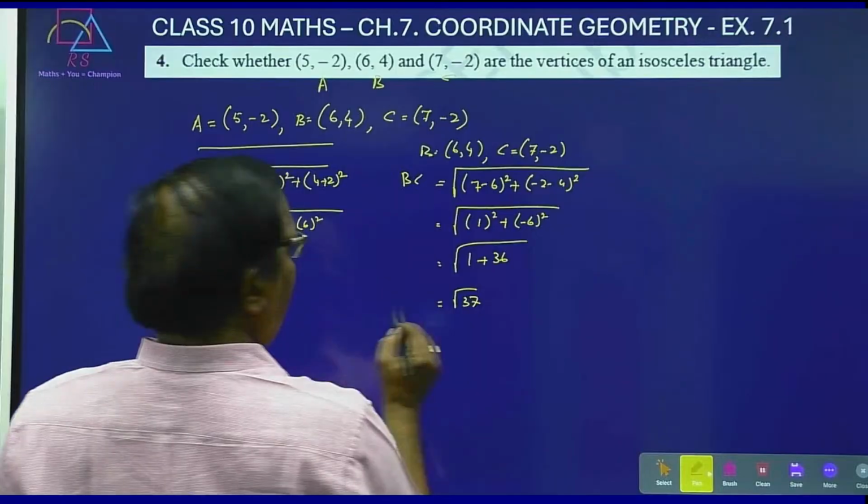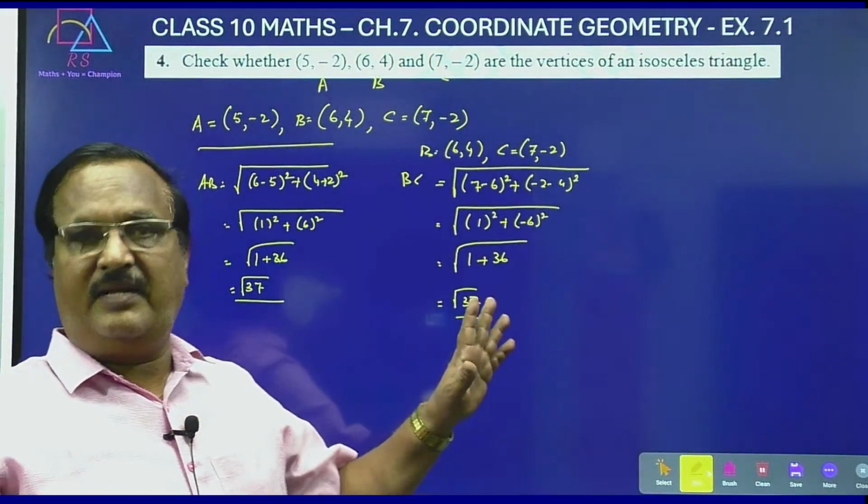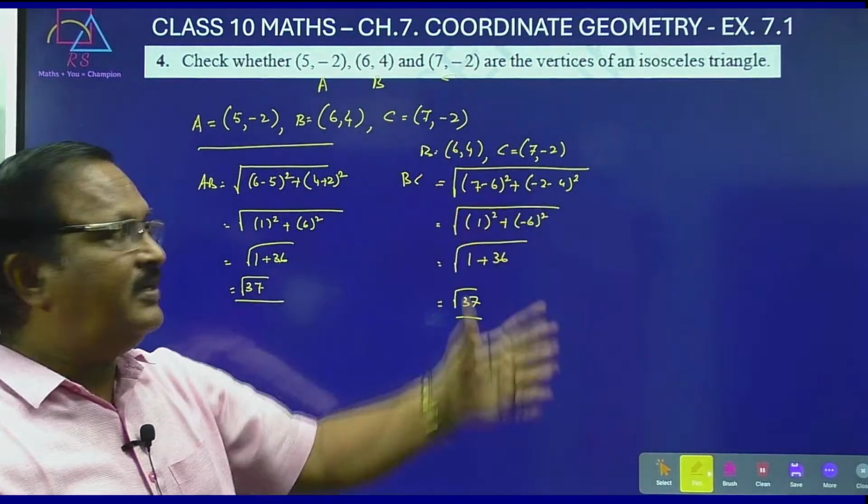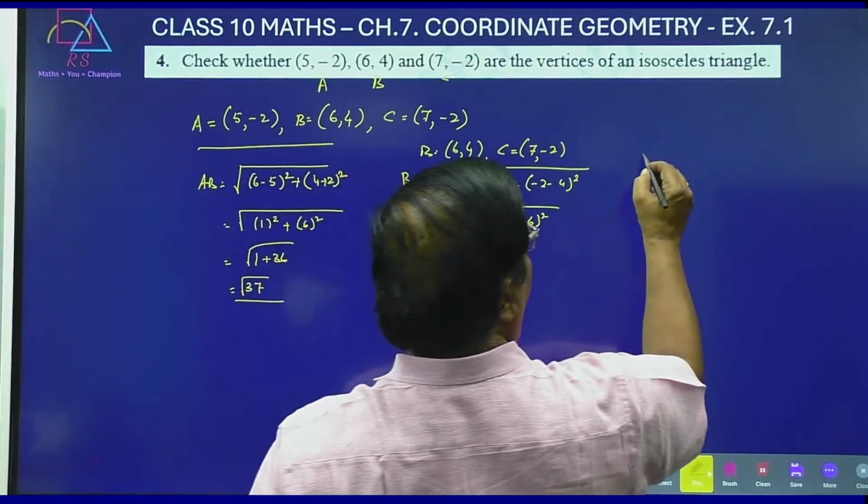Yes, two sides are equal, therefore it is an isosceles triangle, but still, because he asked only whether it is isosceles or not. Let us find out AC also.